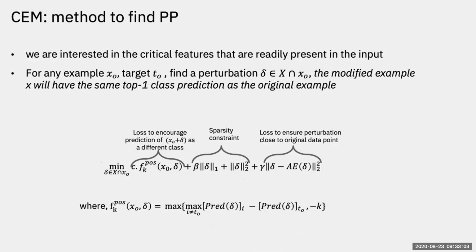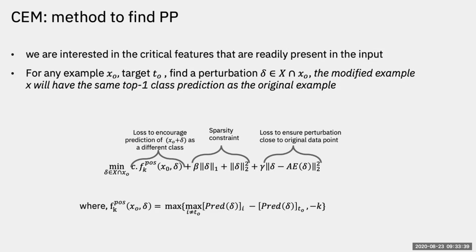A similar kind of loss function can be defined for finding pertinent positives as well, but the only difference is that the perturbation is defined like a union from the same classes of the samples. So this is the delta, which is X union X naught, and they want to make sure that the modified, perturbed sample will have the same top-one class prediction as that of the original sample.